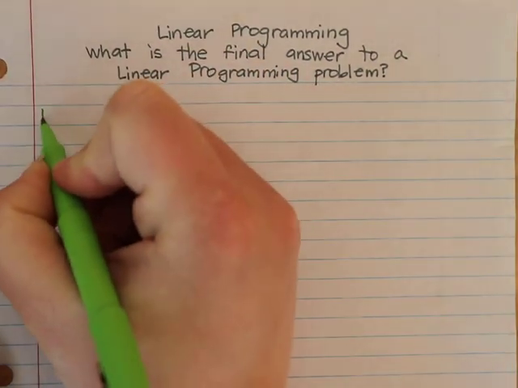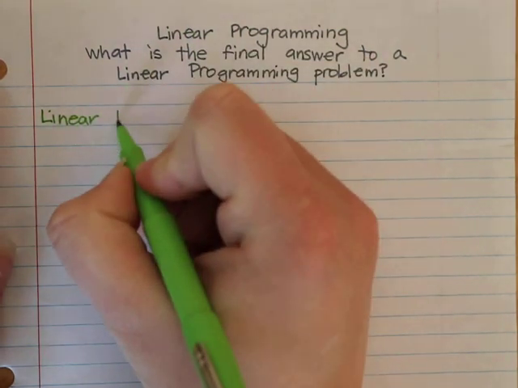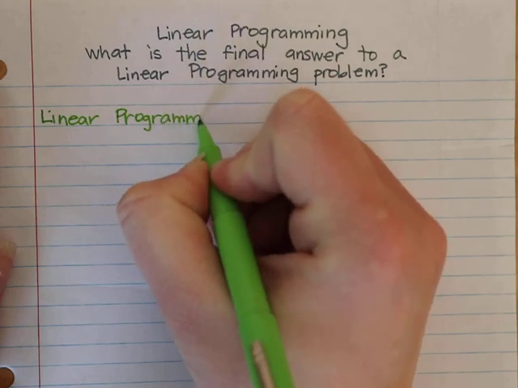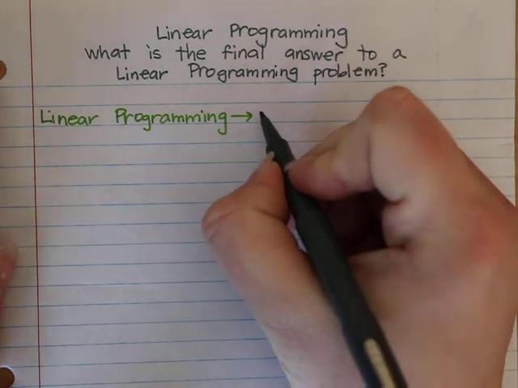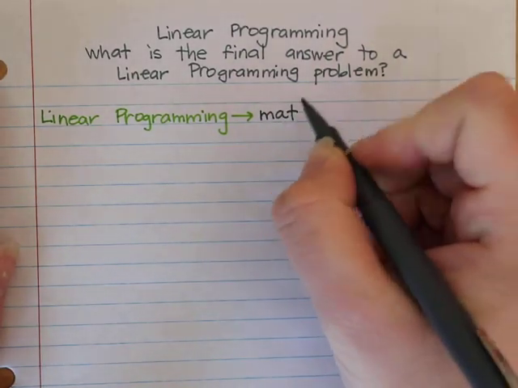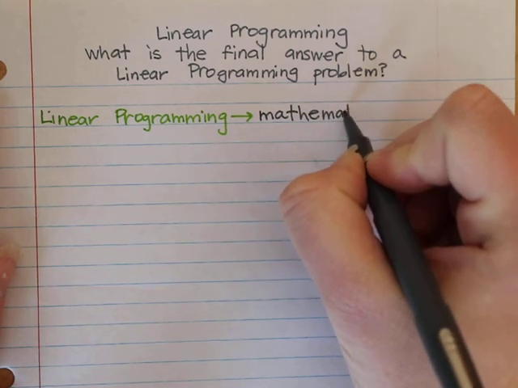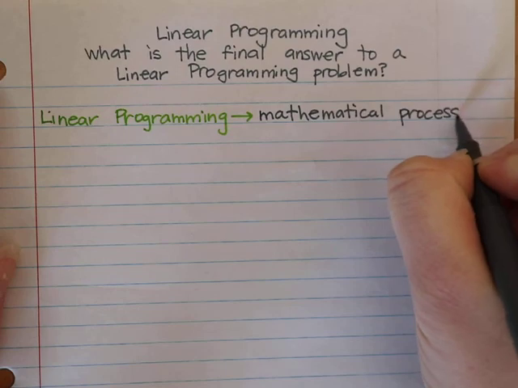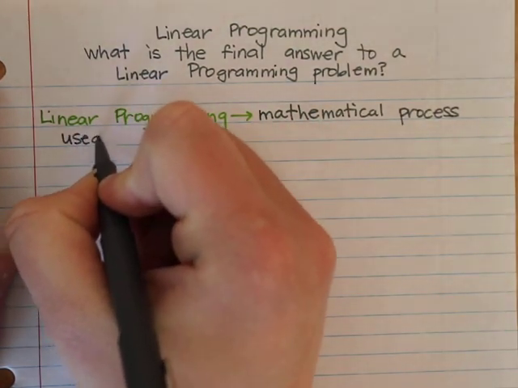It's a process, so it's got steps, it's got rules, it's got pieces that have to fall into place. But it's a mathematical process used to find the best solution for a given scenario.